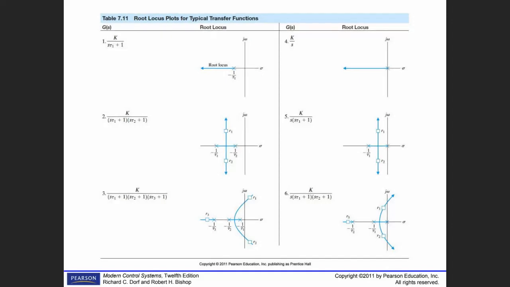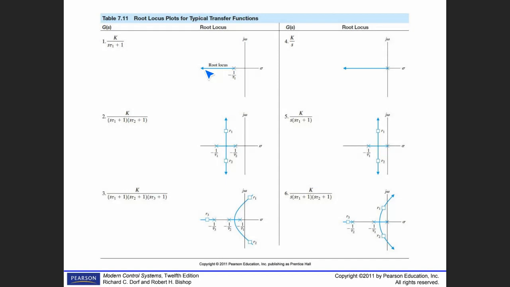The location of the root, you can see here, is over there, and while you are increasing k, the motion of this pole is in this direction. If one pole is at origin, the motion is similar. This one is starting at minus 1 over tau. This one is starting at 0.